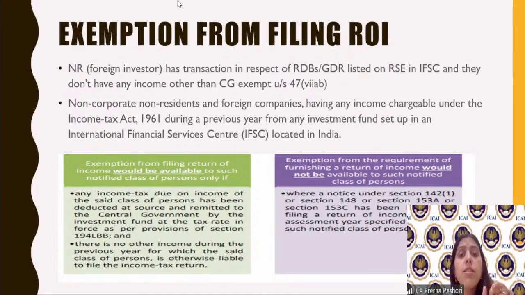So if the non-resident has the investment in bonds, GDRs, rupee denominated bonds, which are listed on IFSC, and if they earn only the capital gain income, which is also exempt under section 47, then they are not required to file the return of income. Clear? So these are certain exempt categories.